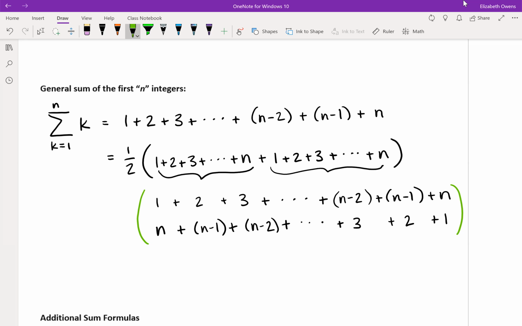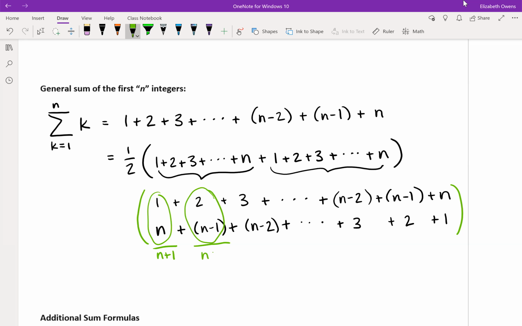So when we do that, we can add up the different pairs of numbers little Gauss style. So we take 1 plus n and get 1 plus n, or n plus 1. We'll write it that way. And then our second little group here, 2 plus n minus 1, or n minus 1 and then add 2 to it.